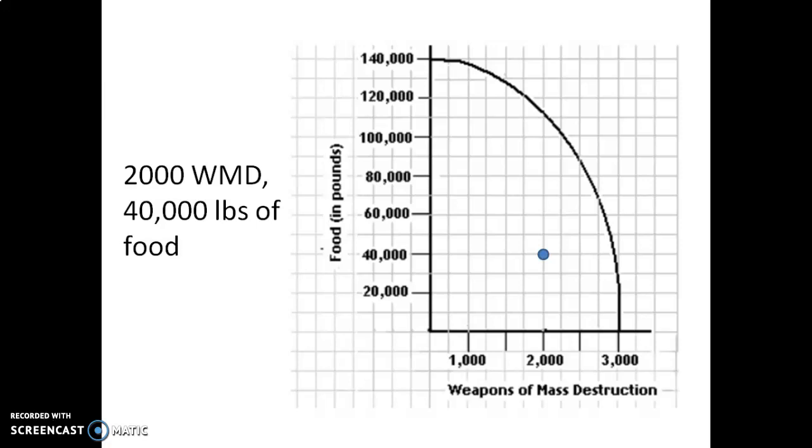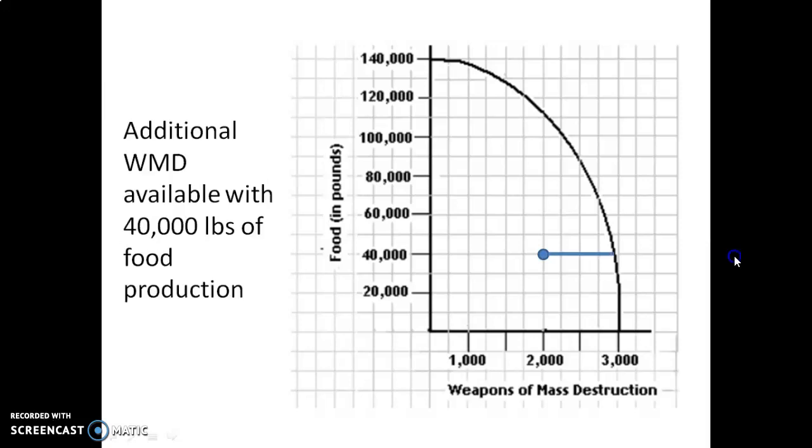Remember, the curve itself is where we could produce if we're using all of our resources. Since we are on the inside of the curve, there are resources that we are not using at all. That could be factories that are sitting idle. It could be natural resources that are not being harvested. It could be unemployed workers. But there are some resources that simply are not being used.